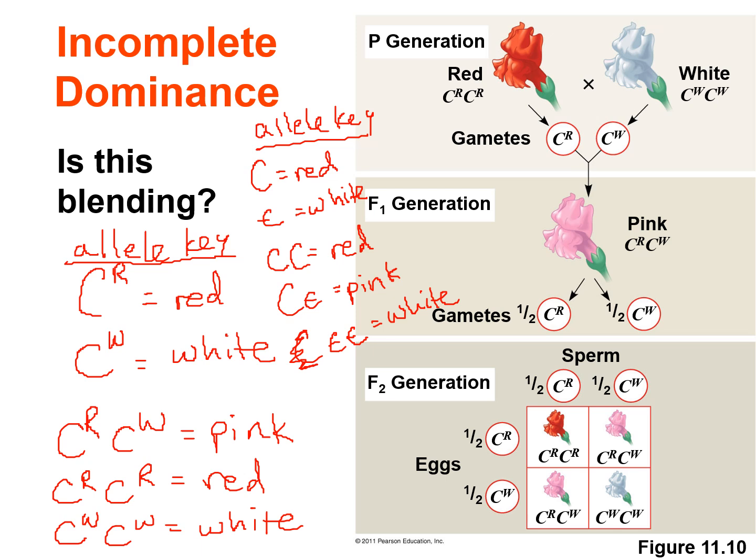If you only have one copy of the red allele, you're not making enough of the enzyme to get a fully red color, and you end up with a pink color. If you've got a white individual, they're not able to make the enzyme, so they don't make the red pigment, and that's why they're white. So that's what's happening in incomplete dominance.